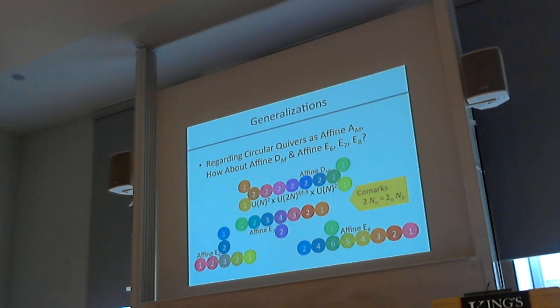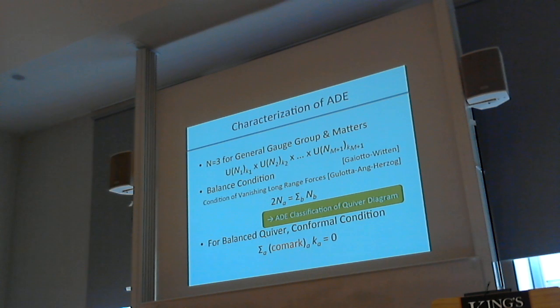This holds for all the vertices, and these numbers are called comarks. This kind of property can be characterized from the physical viewpoint. Namely, we start with N=3 theory, and it can be defined for a general gauge group and matter.